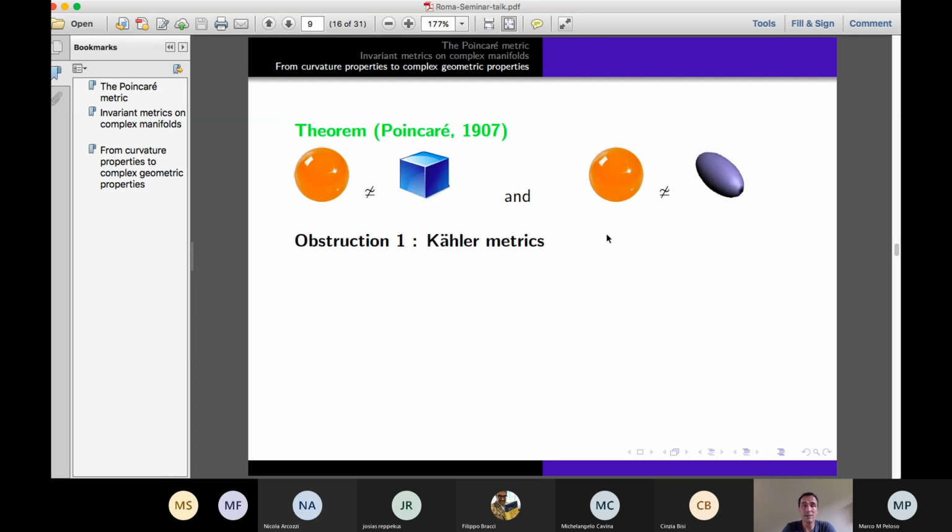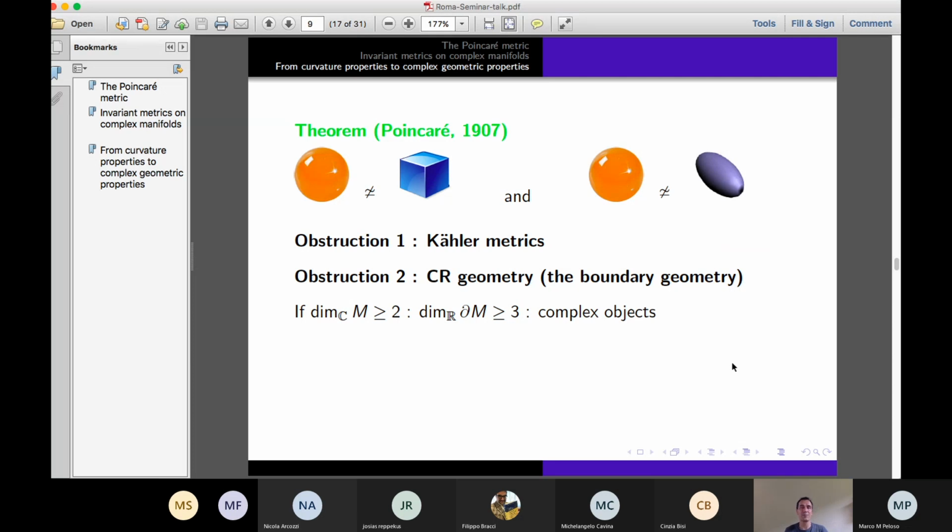But on the bidisk, it's not, for the same reason, because you can have estimates on the curvature. So this is a somewhat complicated proof of the fact that these objects are not biholomorphic.